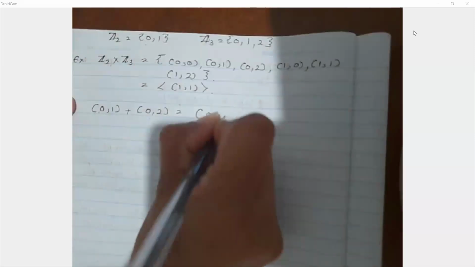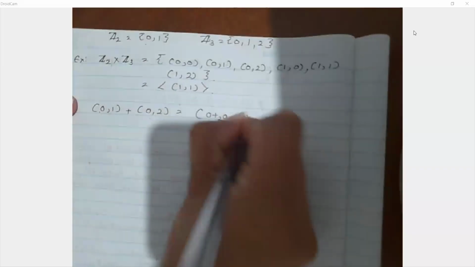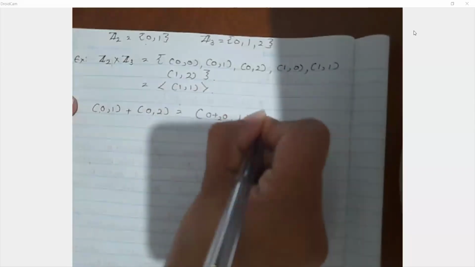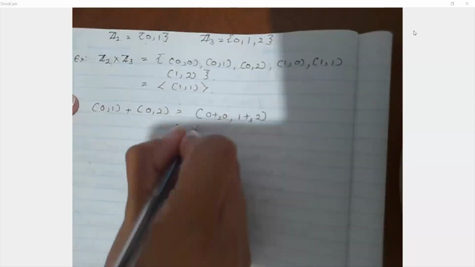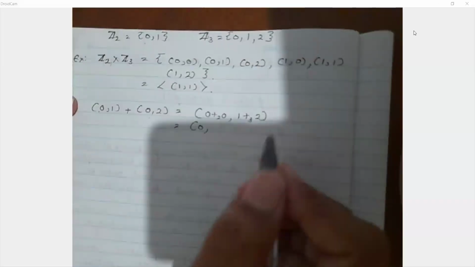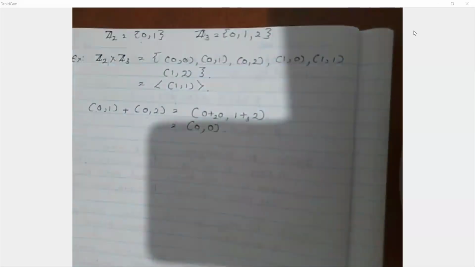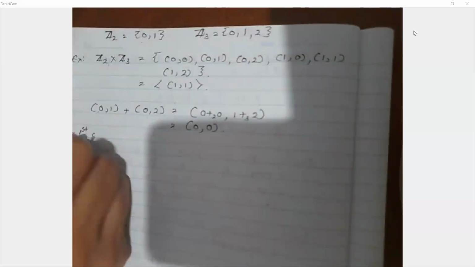So we have 0 addition modulo 2, 0, which simply ends up being 0. 1 addition modulo 3, 2. So 1 plus 2 is 3. Divide by 3, you take the remainder. You have 0.